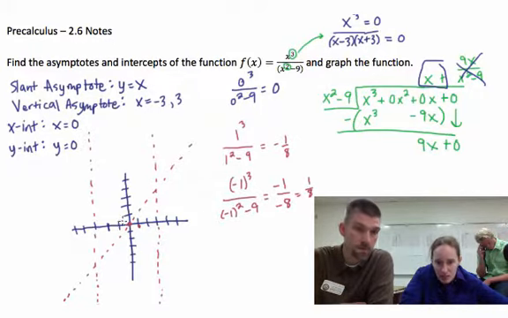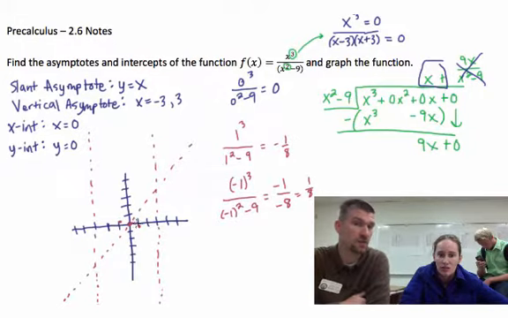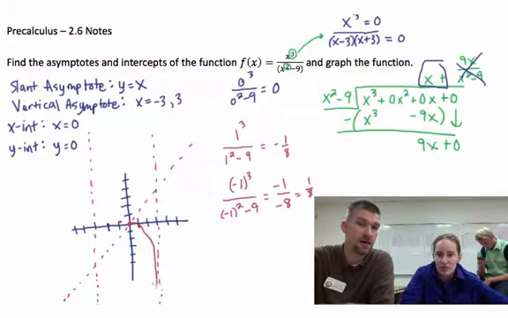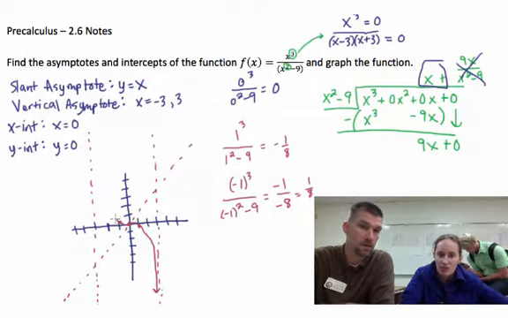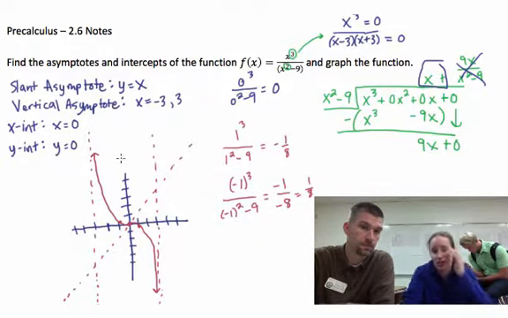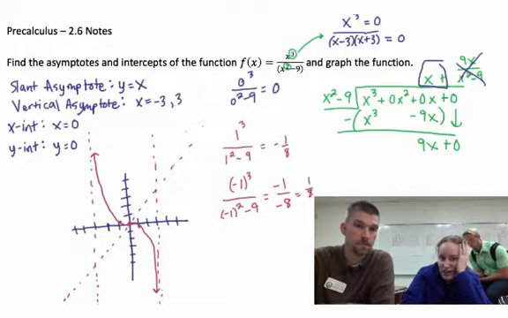So I would say, mostly because I'm so familiar with the graphs, this is how this interior part should look. The interior part is basically going to ignore the slant asymptote here in the middle. But then on either side, the slant asymptote and the vertical asymptote are both going to come into play.